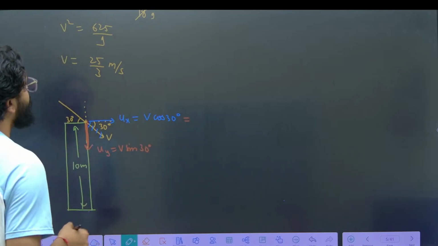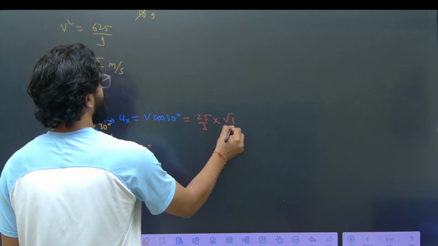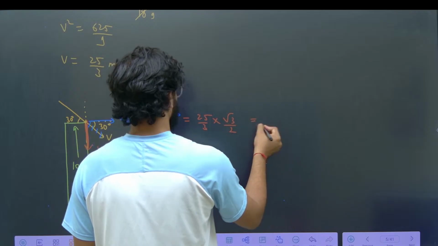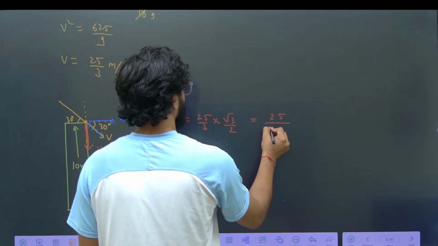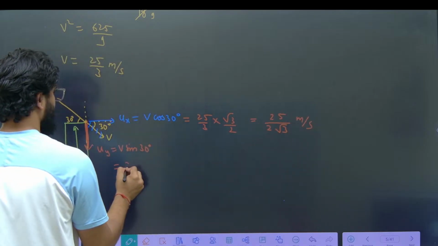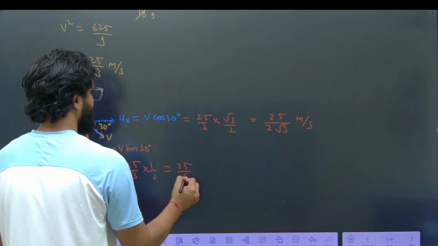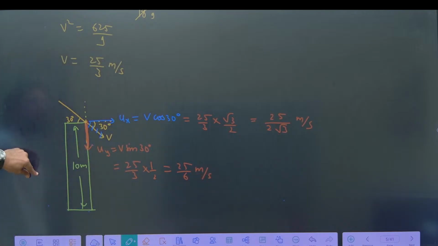So we can put the value, which is 25 by 3 into root 3 by 2, and this value over here is 25 by 3 into 1 by 2, which is 25 by 6 meter per second, correct. Now we know what the range is.